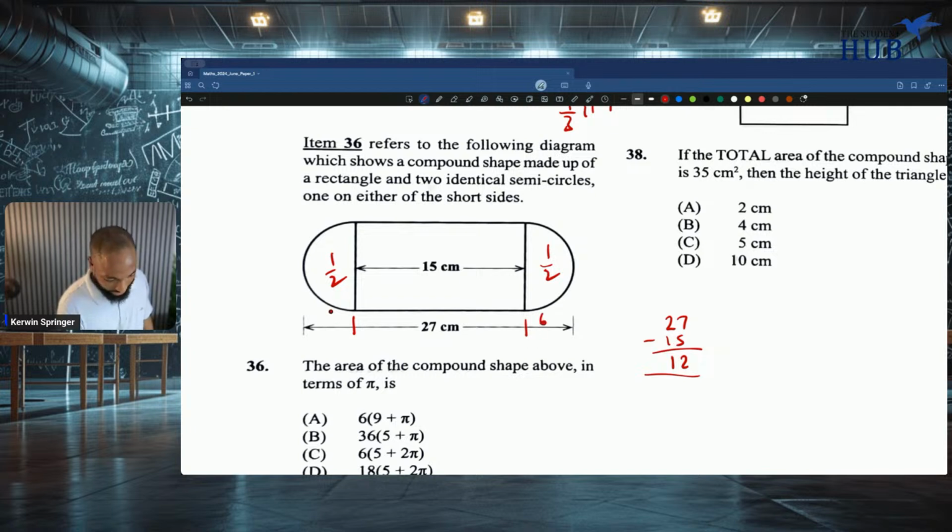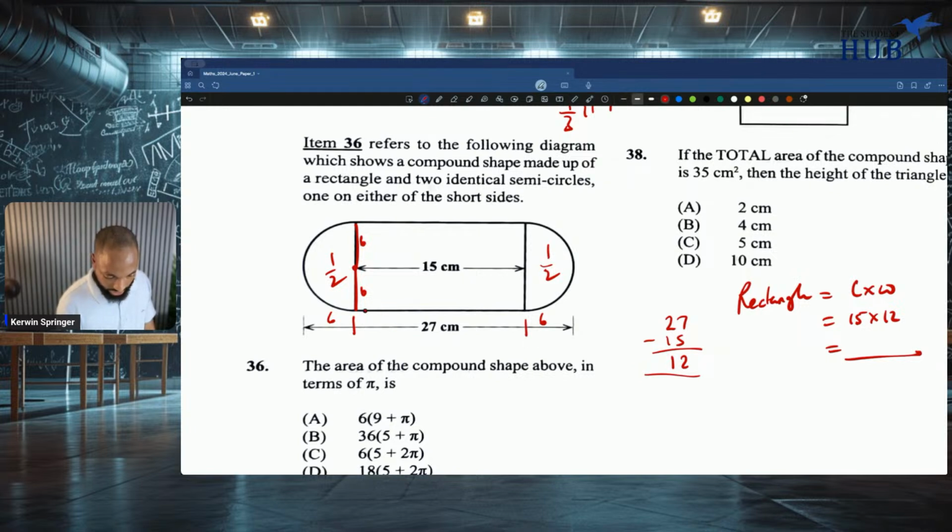So this is 6 and this is 6. That means the radius is 6. So the rectangle is length by width, which is 15 times 12, whatever that is.